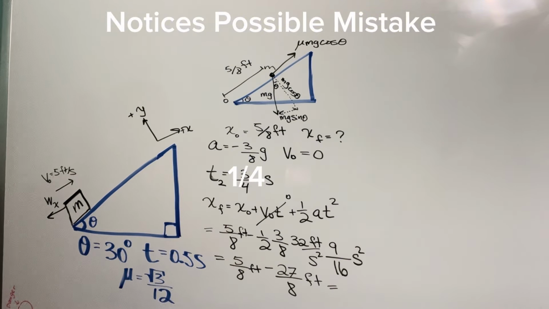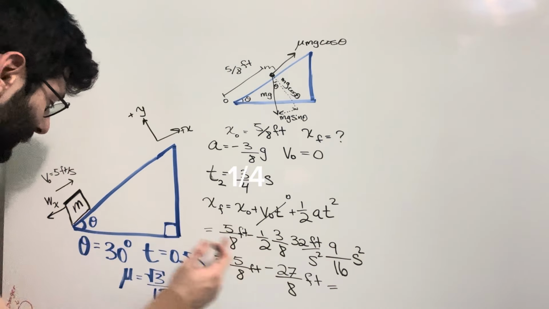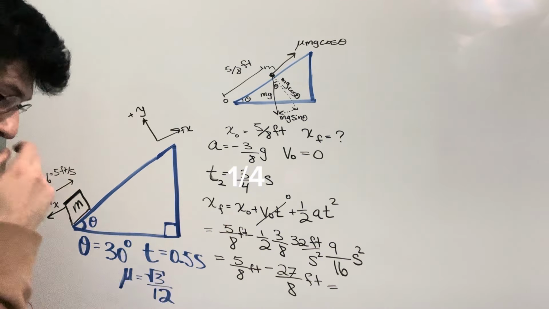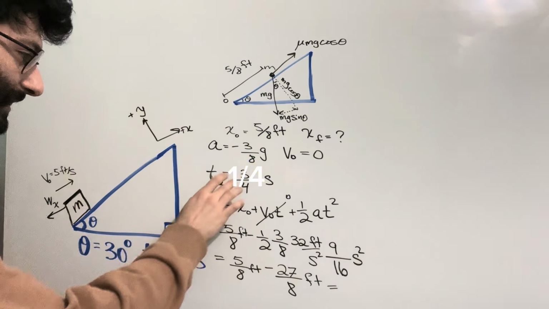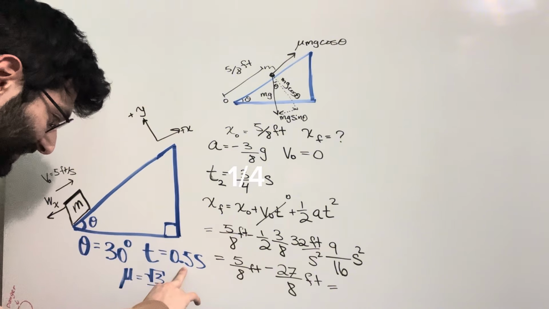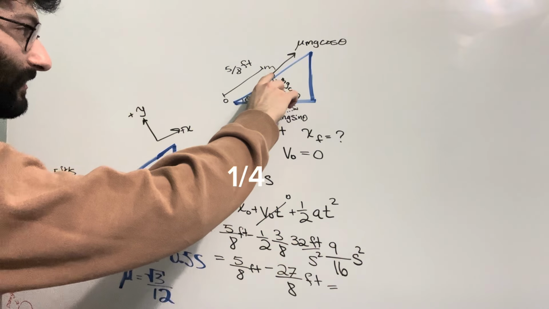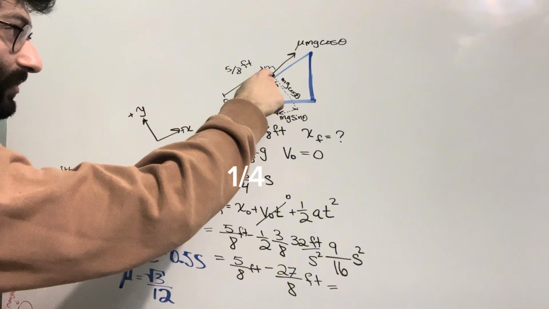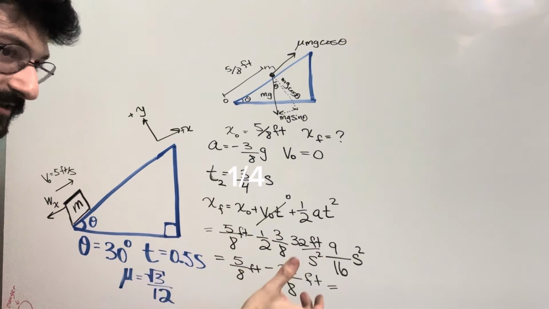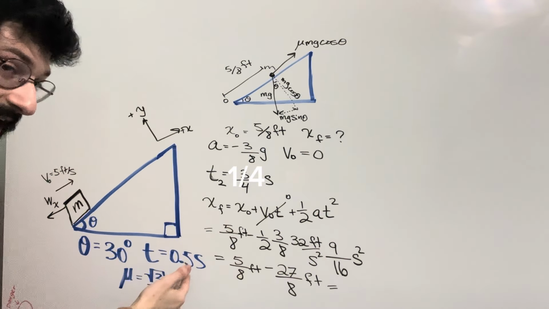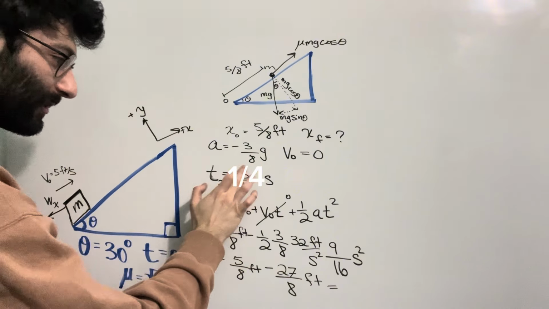This does not look good. We're getting a value less than the origin, which is not terrible, but I suspect that it's wrong. And it is wrong because the amount of time it took for the block to decelerate to a velocity of 0 was a quarter of a second. We want to know where the block was after half a second. So 1/2 minus a quarter is just 1/4, not 3/4.